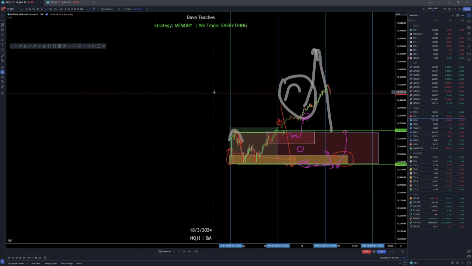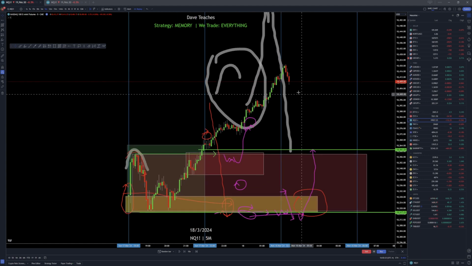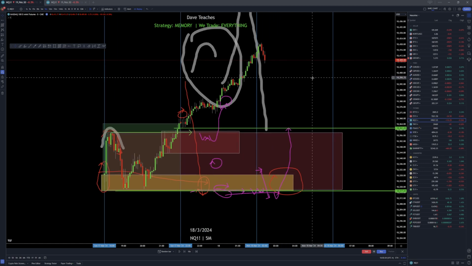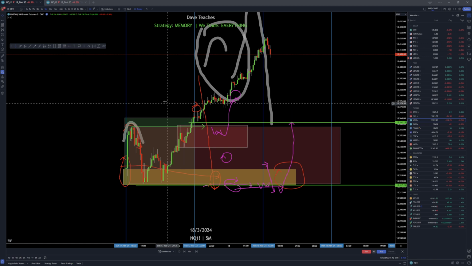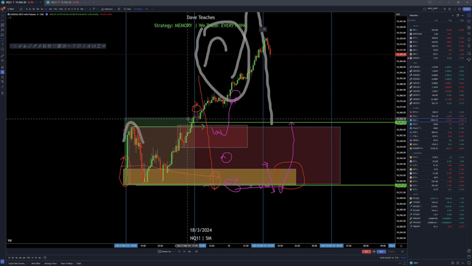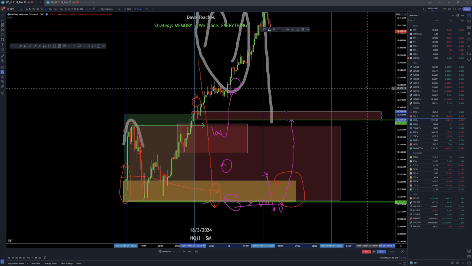So this is just helping us to trade in the direction of that 4-hour momentum, right? So it looks like we opened here, so there's a little 4-hour wick right here, just in case we get there and stop.